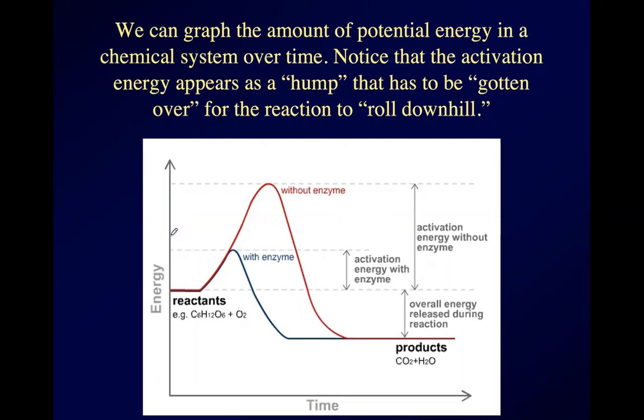To tap into it, what we have to do is add a little bit of energy to get that fire started. We have to strike a match or strike a lighter or something like that and get that wood burning. That little kick of energy that we have to give the fire in order to get it started is called activation energy.